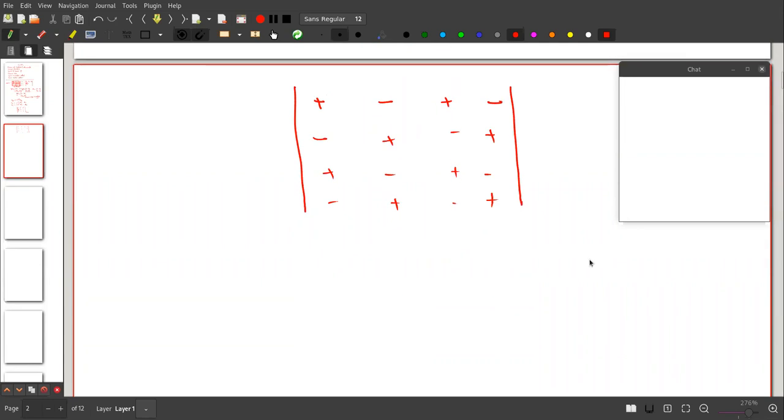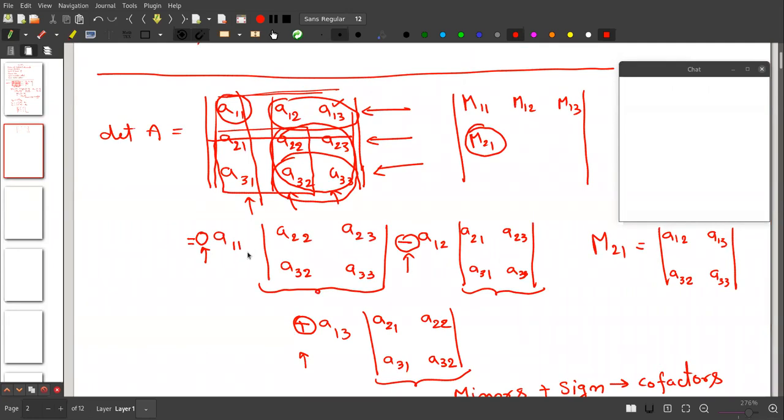So if I want to calculate, say now, okay, so see, this is the matrix. I want to calculate the determinant. So I am taking the second row. So let me write it again.